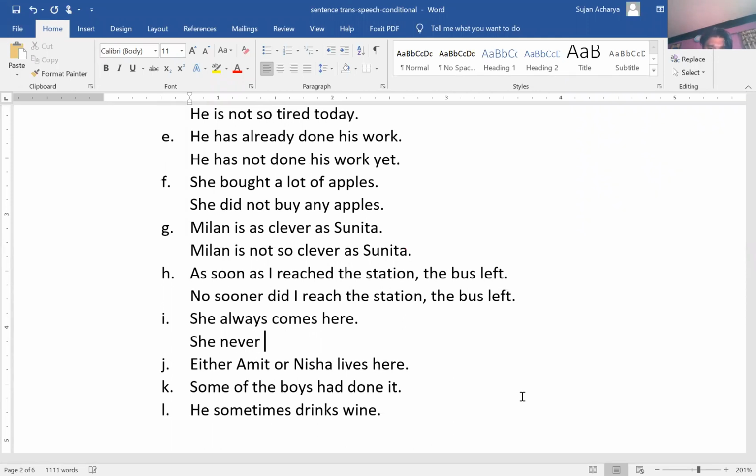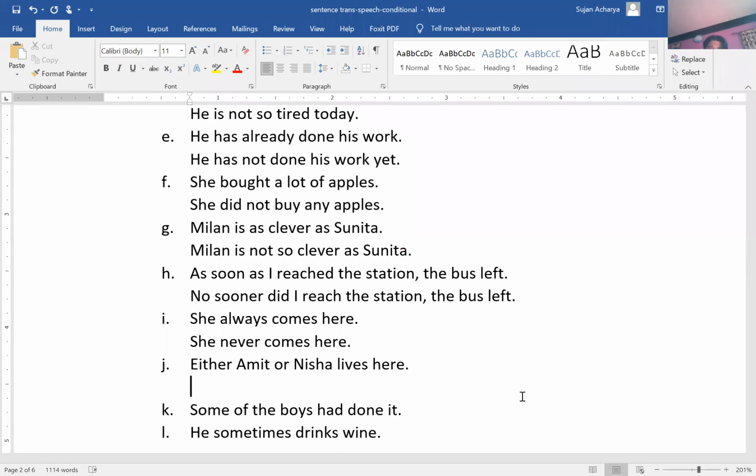She never comes here. Either Nisha or Amit leaves here. Why leaves? Because when either-or, neither-nor, not only-but also join two subjects, the verb must agree with the nearest subject.